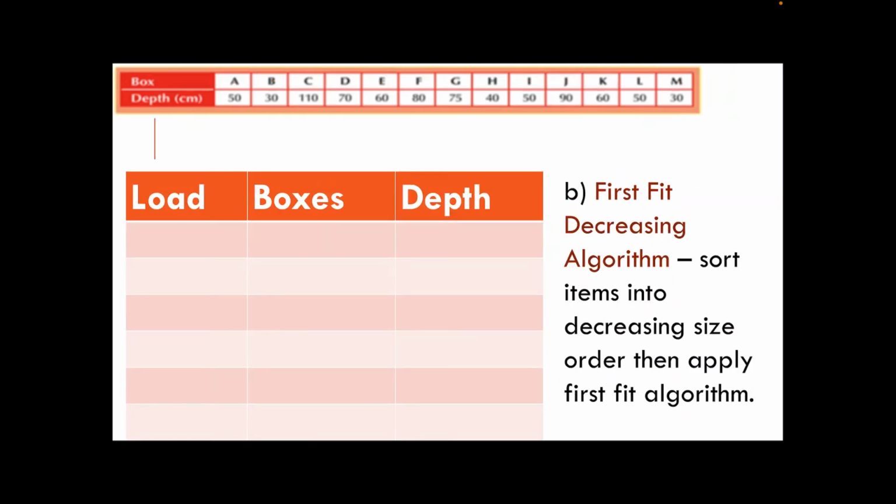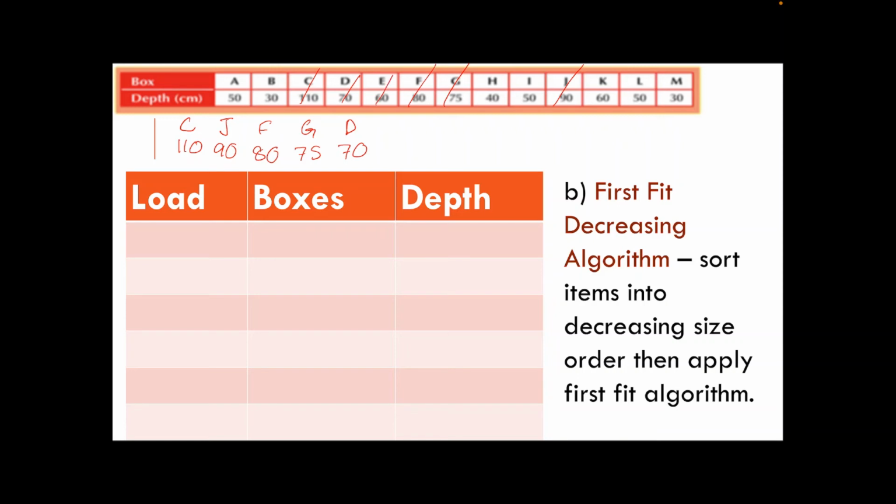If we use our first fit decreasing algorithm though, we can sort them into our size order. So remember, we always start with our biggest first. So that was C with 110. Then we've got J is 90. F was 80. G was 75. D is 70.